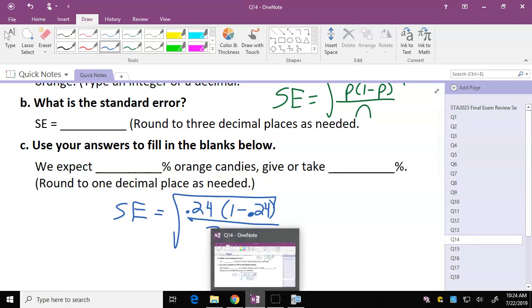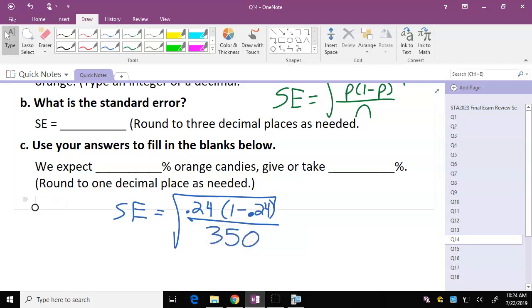And that's where you're going to get your answer from. So we just run our calculator. 0.023.